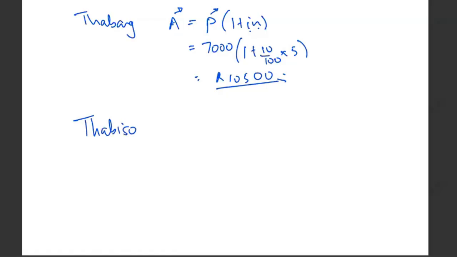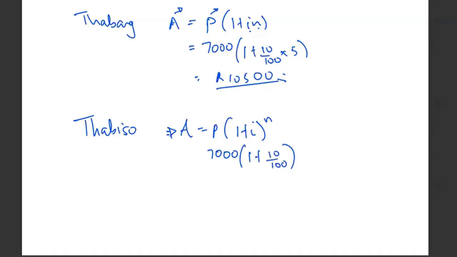Then we go to Tabiso, which is the compound interest. Compound interest is P times (1 plus i) to the exponent of n. It's 7,000 times (1 plus 10 over 100) to the exponent of 5.